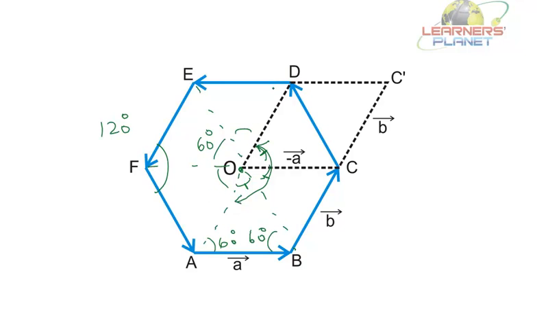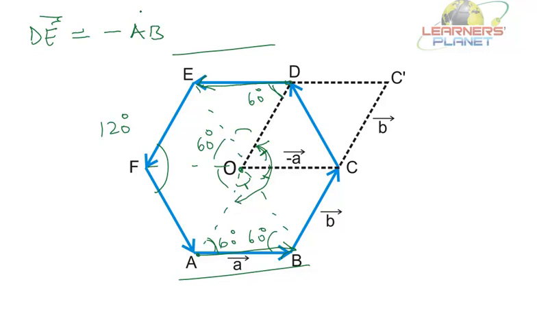Now this angle and this angle both are 60, which means that interior alternate angles are the same, which implies that this side AB is parallel to DE. In terms of vector, AB is in this direction and DE is in this direction. So vector DE will be negative of vector AB.